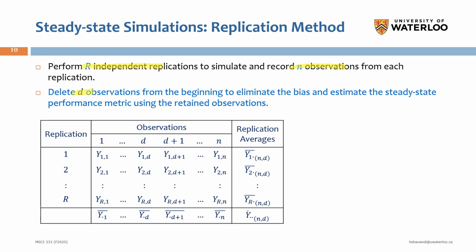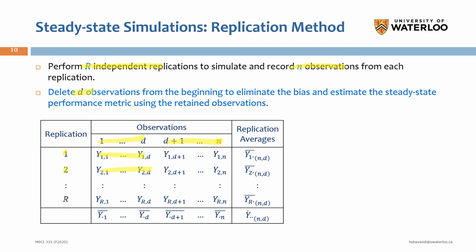As you see here, we have our replications. At each replication we have n observations, but the first D ones will be eliminated because they are about the warm-up period, and then we'll consider D plus 1 up to n data.